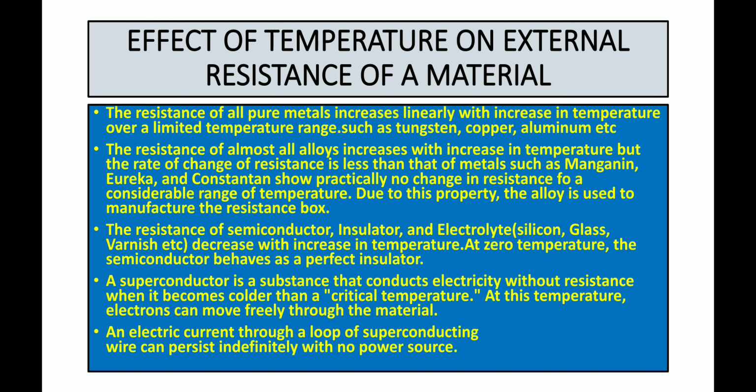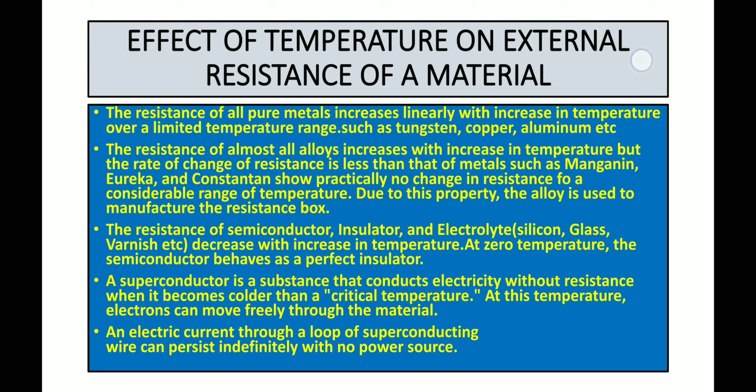The phenomenon of loss of electrical resistance by a substance on cooling it to an extremely low temperature is known as superconductivity, and the substances are called superconductors. However, it is difficult to achieve such extremely low temperature, so practical use of superconductors is not possible so far.